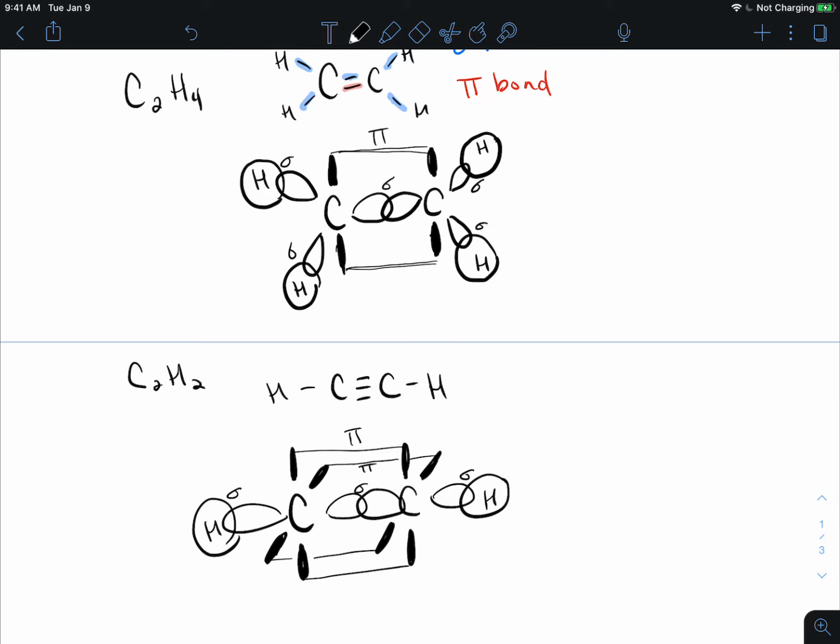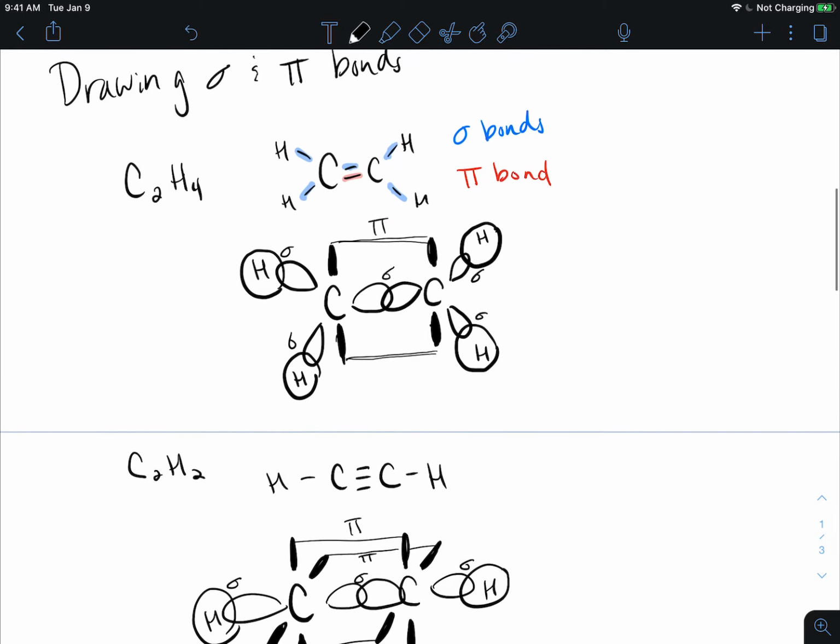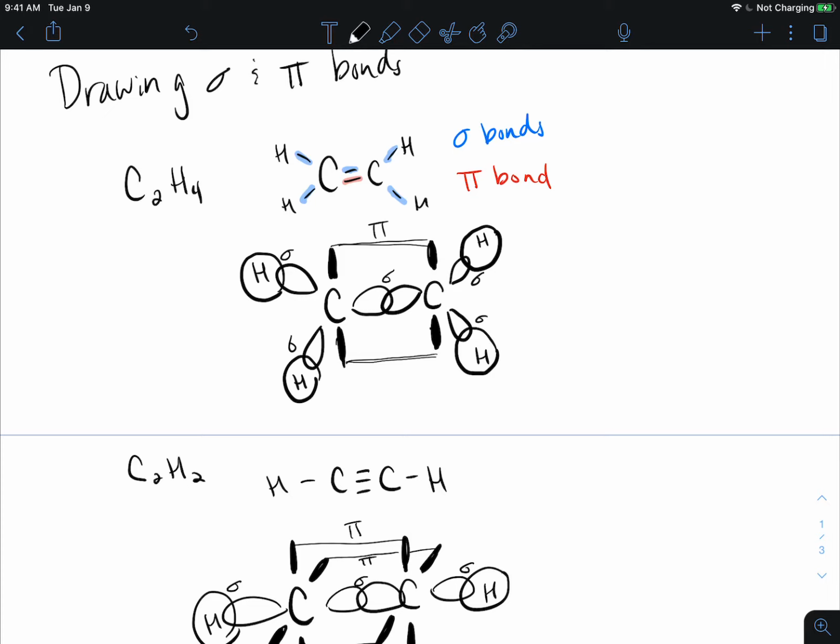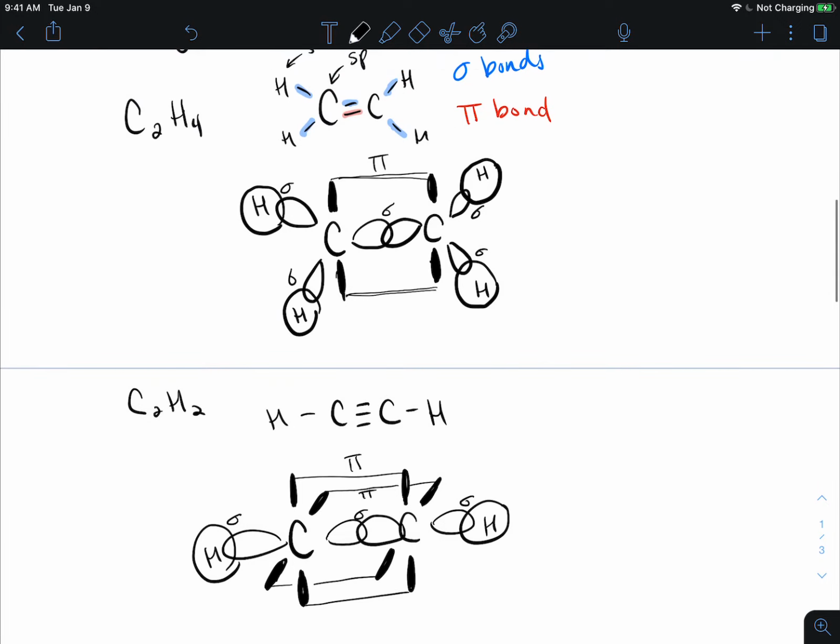Now, thinking about this, looking at our number of electron domains, we know that this carbon right here is sp2 hybridized. And then we know this is unhybridized, so we're talking about s orbital. And then here we are sp hybridized.